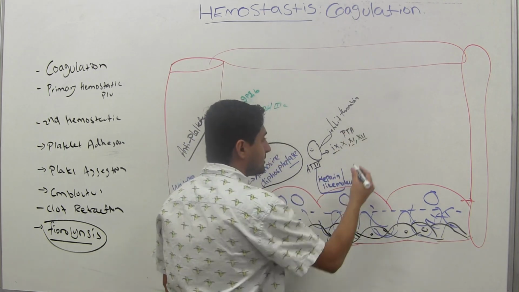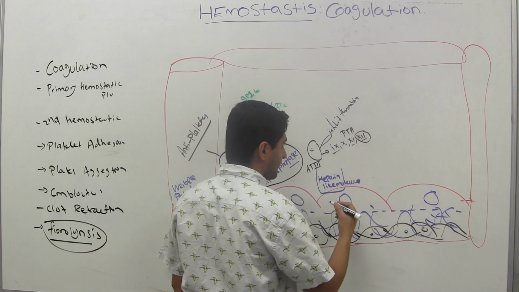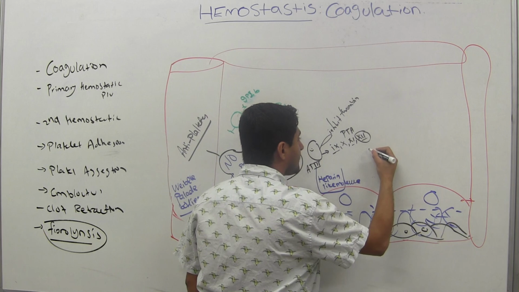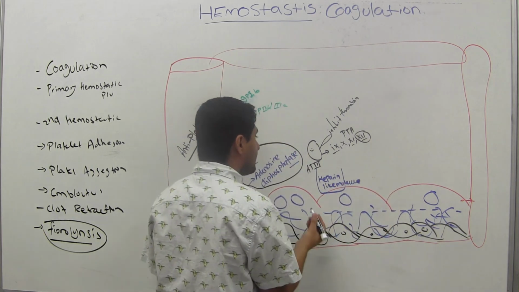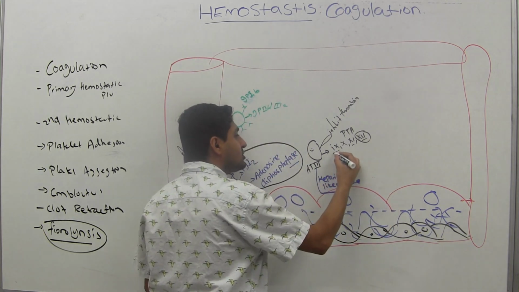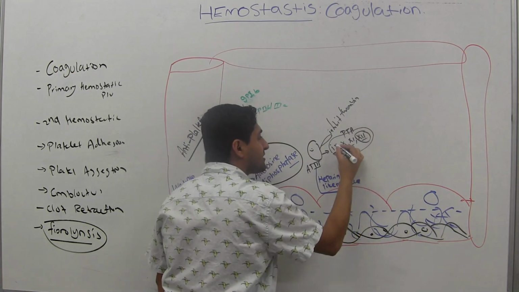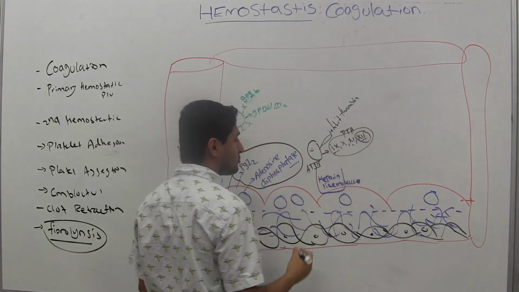Later I'll write down about this. Number 12 is called Hageman factor, or the contact factor, or the glass factor, or anti-hemophilic factor D. So basically, this antithrombin is able to inhibit these activated factors 9, 10, 11, and 12.